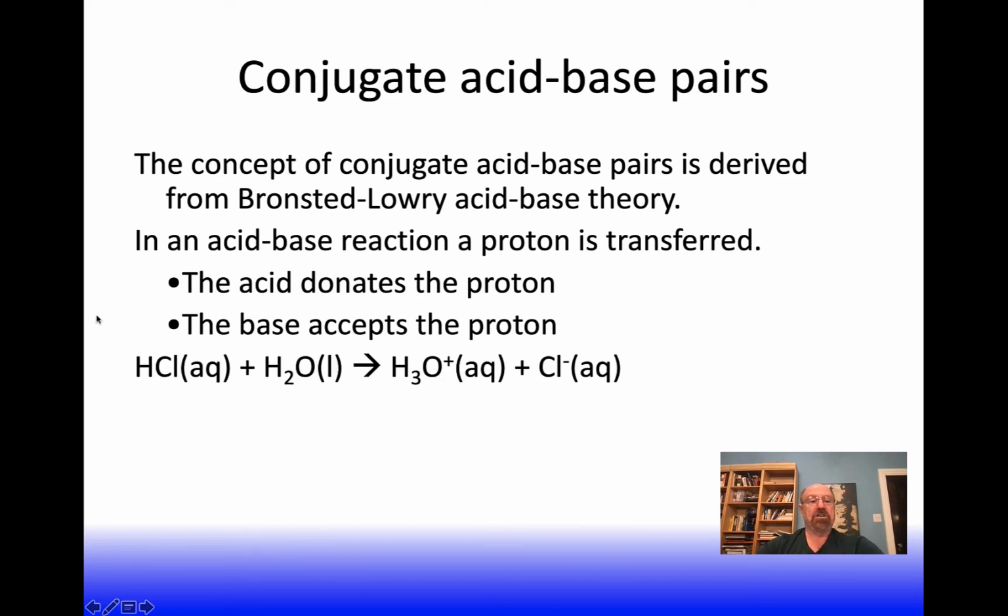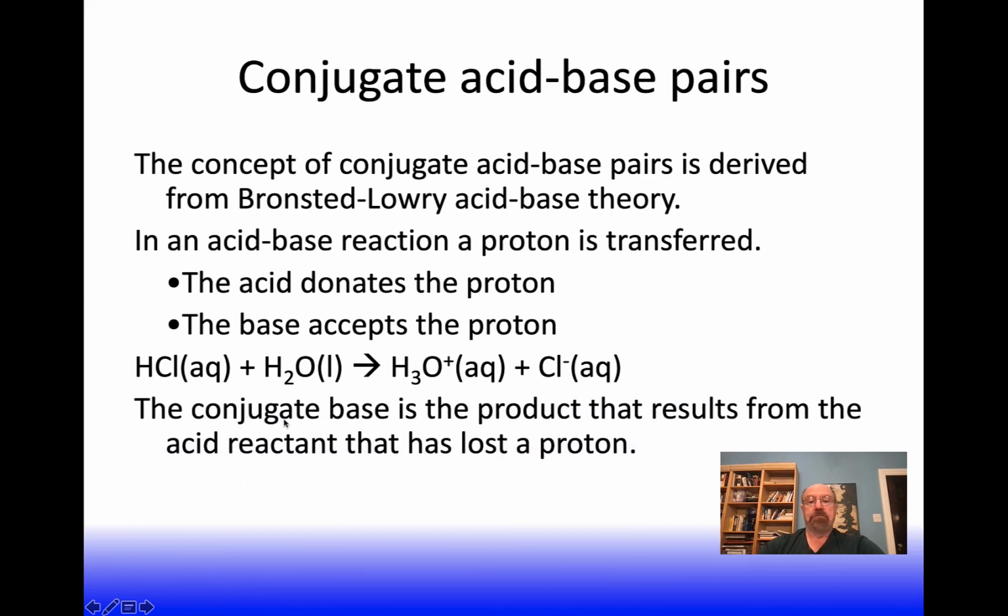So let's take a look at this reaction. We've got hydrochloric acid and water forming what is called the hydronium ion and a chloride ion. The conjugate base is the product over here that results from the acid reactant. So take a look. Here was our acid, it donates a hydrogen to the water, so it's clearly an acid because it donates.